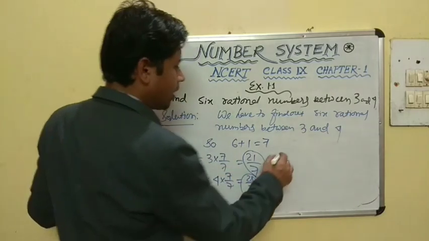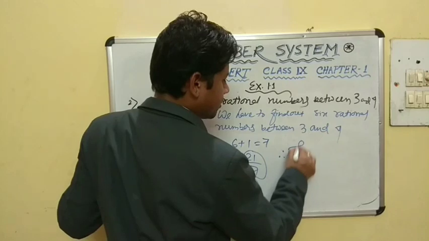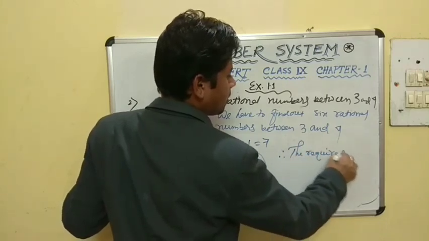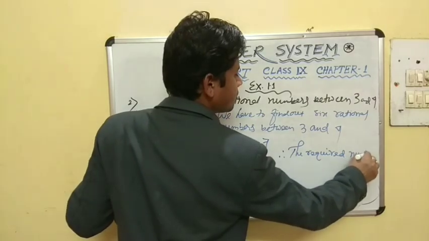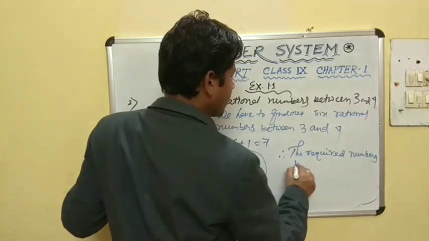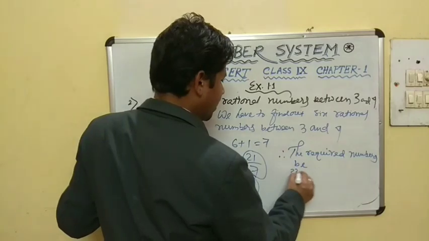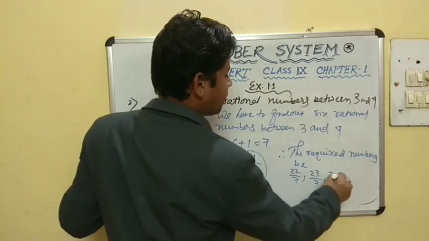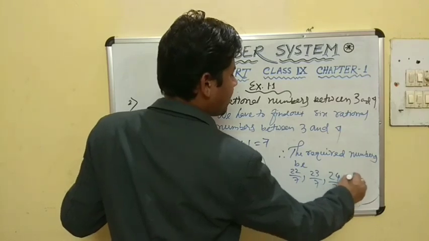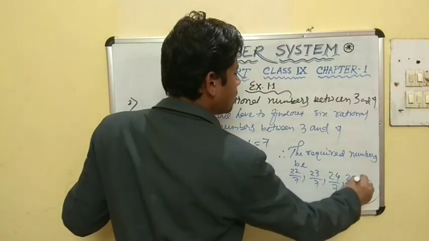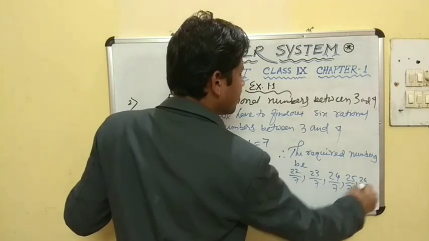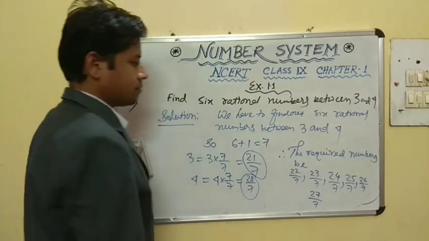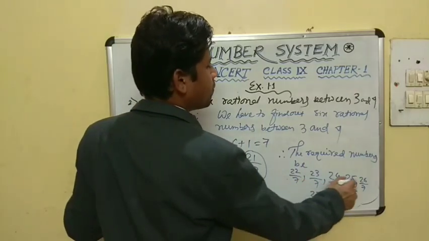So the required numbers will be 22 by 7, 23 by 7, 24 by 7, 25 by 7, 26 by 7, 27 by 7. So there are 6: 1, 2, 3, 4, 5, 6.